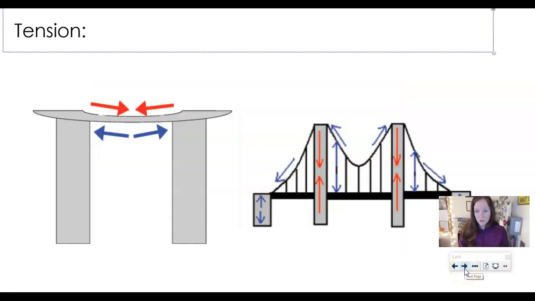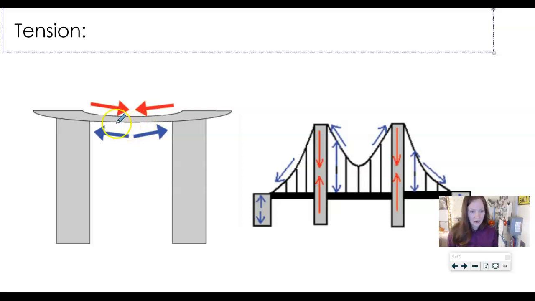So let's look at what this looks like in a bridge. Some common examples of bridges experiencing tension forces. So the first here is a beam bridge. When a load is put on the beam bridge, so if it's put here, it pushes down on the beam of the bridge. Now that causes it to stretch kind of like my ruler, right?